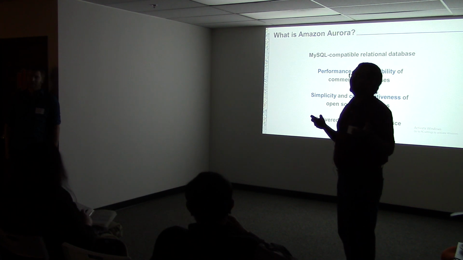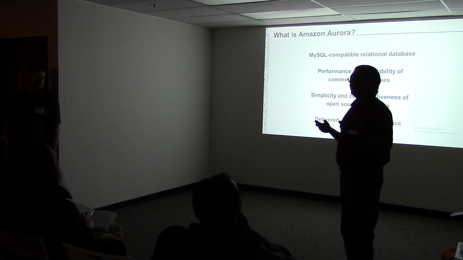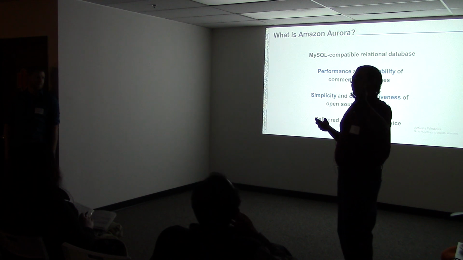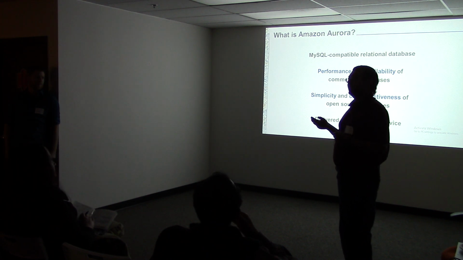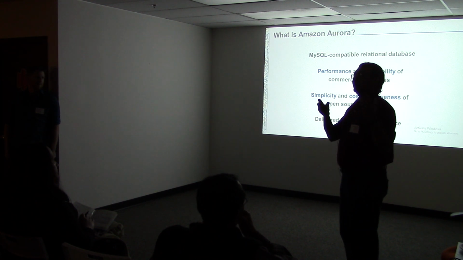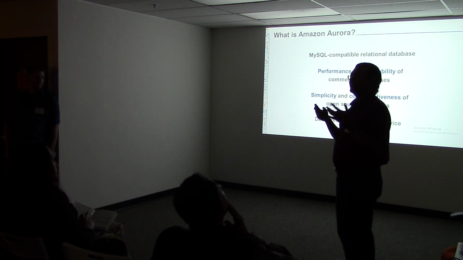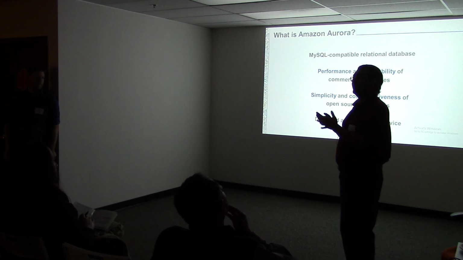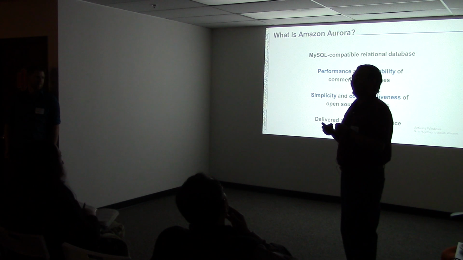There are two teams, one working on the database engine, another working on storage. The database engine team did very well, came up with good performance, and the storage team did very well, came up with performance. When you connected the two, performance was terrible.